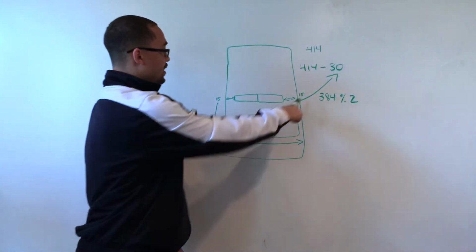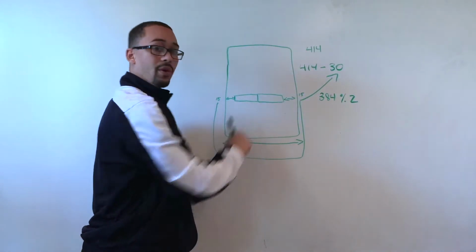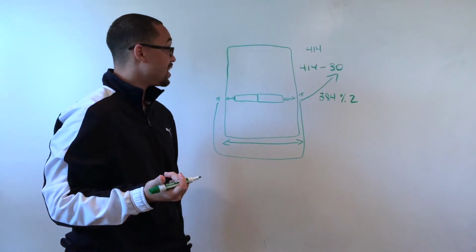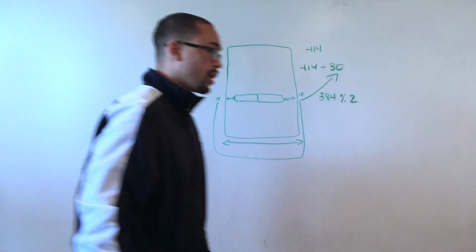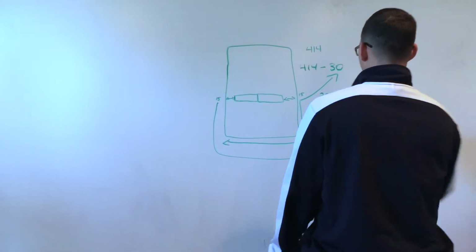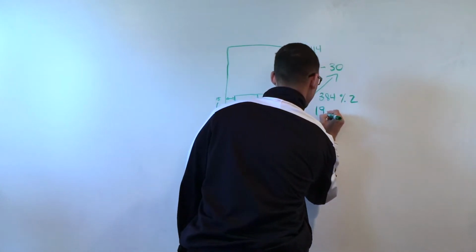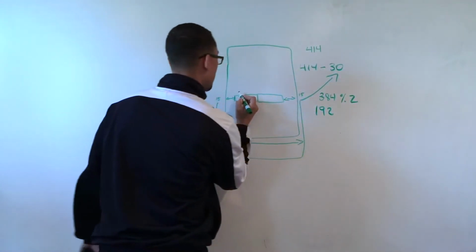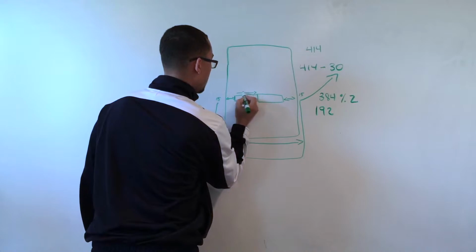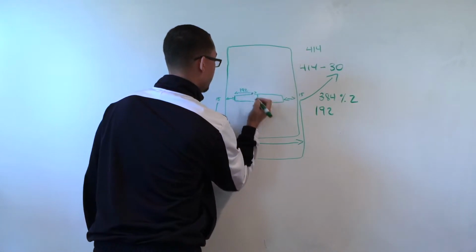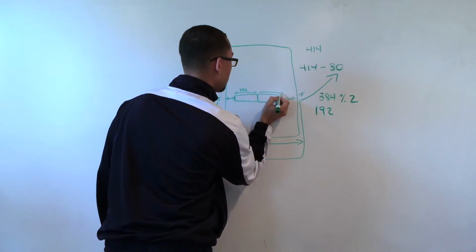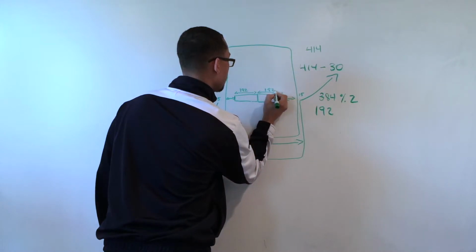We know the margins are 15, so we want the middle to be exactly 15 as well. That's where we get the 192. So the width of this button is 192, and the width of this button is 192.